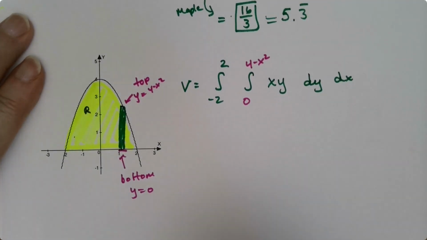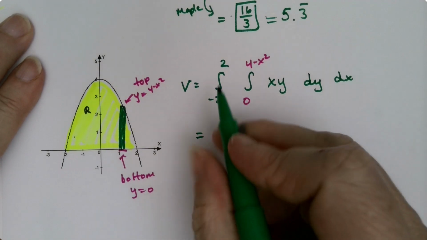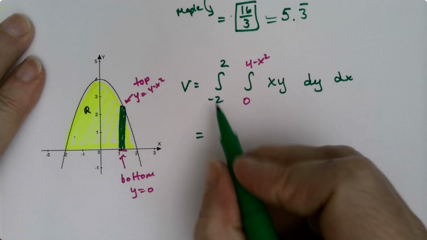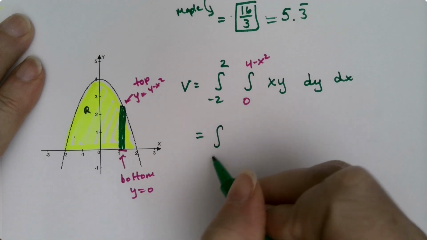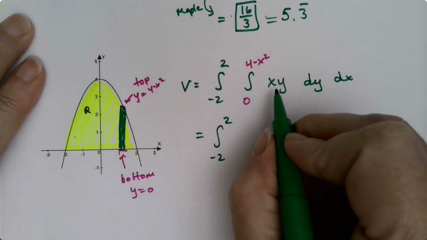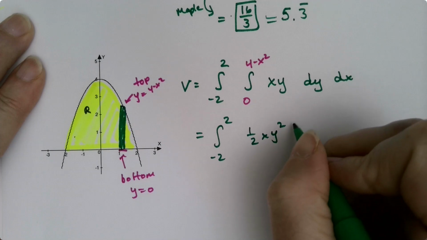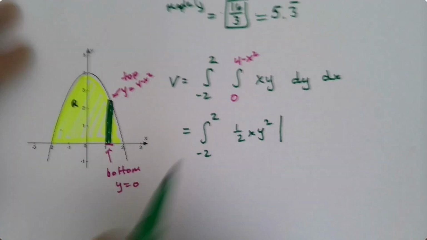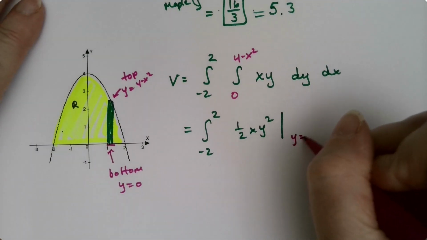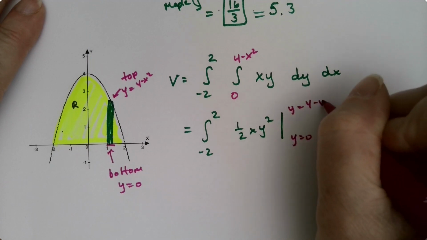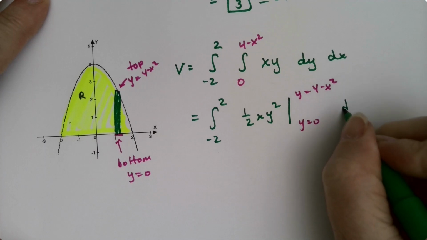All right. So just like before, this is no problem. So from negative 2 to 2, and then this would be 1/2 xy squared from y equals 0 to y equals 4 minus x squared dx.